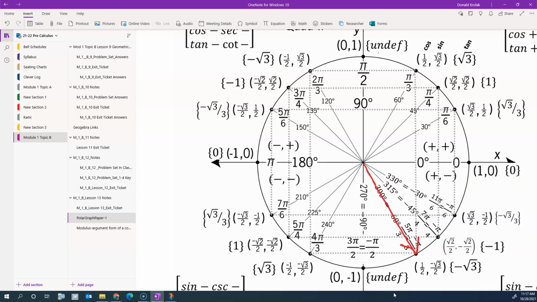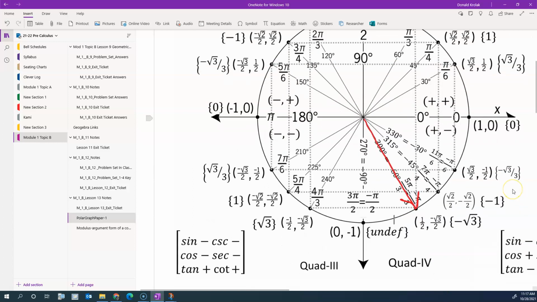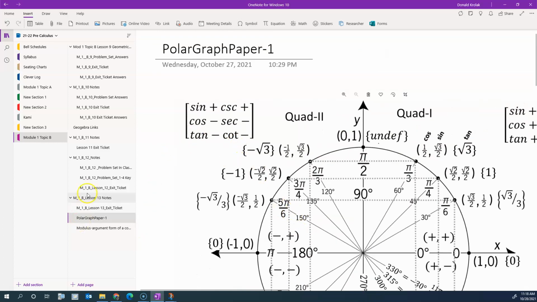The thing, though, is that instead of these numbers being 1/2, and 2, and negative 2 root 3, you could do this one 2 ways. The other day in class, we figured out what the angle was by doing the tangent.